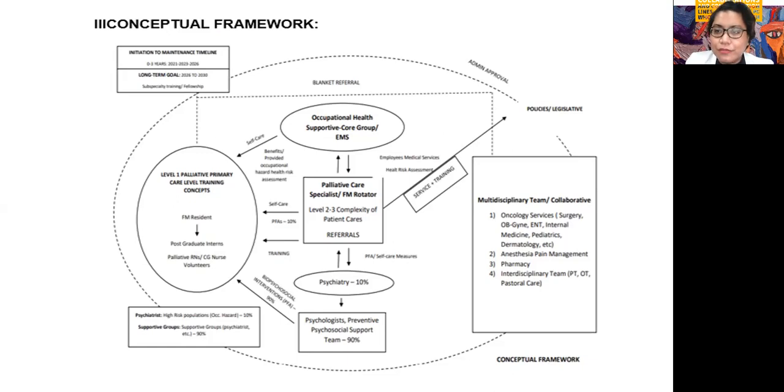The core team members of the palliative care team would be addressed, however, by the acute psychiatric unit as a psychosocial support.